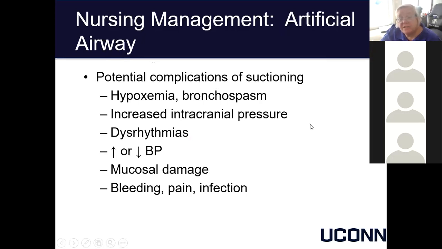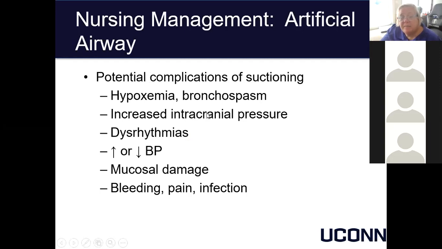Here are the complications of suctioning. Again, hypoxemia, you're sucking out oxygen. Bronchospasm, if you go down too far and start touching the tissue down there, you can create bronchospasm. If the patient is coughing, if you're increasing that pressure, it's almost a Valsalva maneuver, which we know increases intracranial pressure.